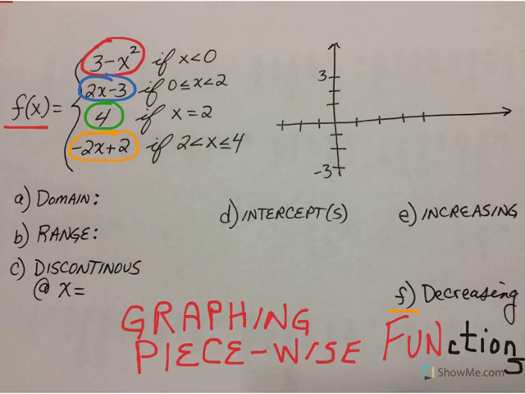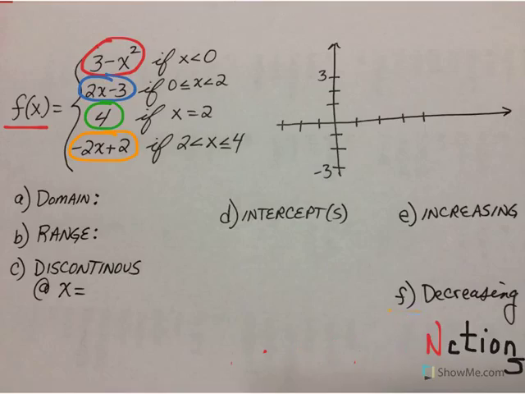Okay, so first of all, it's important that you notice the first red piece is a quadratic, because it's degree 2, and so it's a happy face or a sad face. Since the coefficient of the square term is negative, it's going to be a sad face.